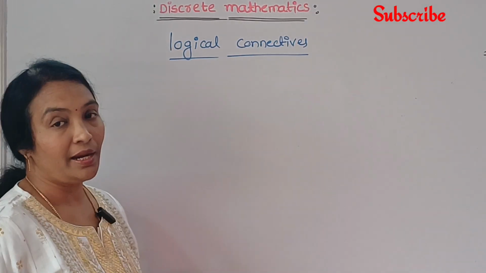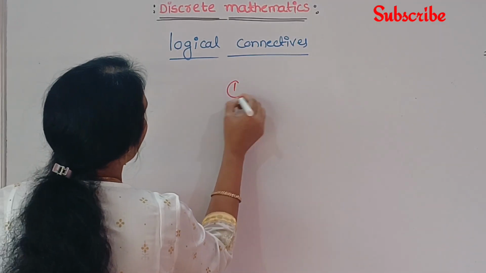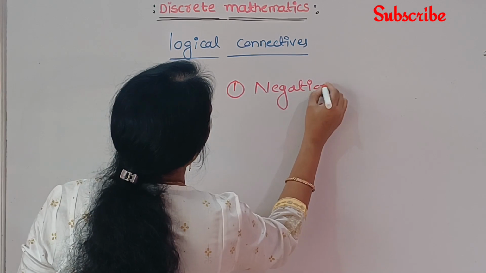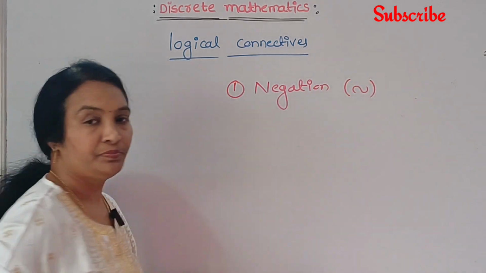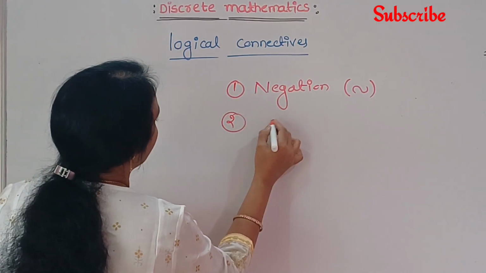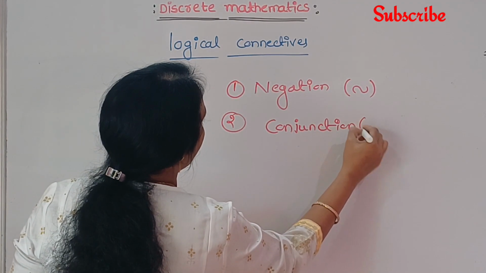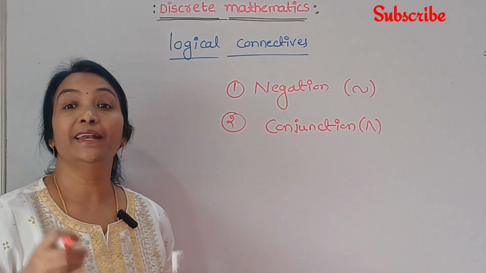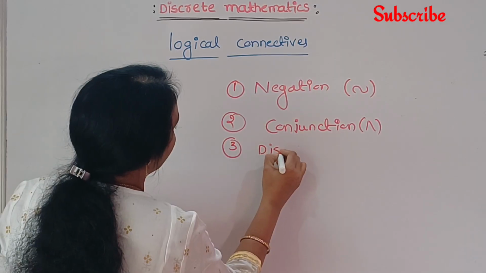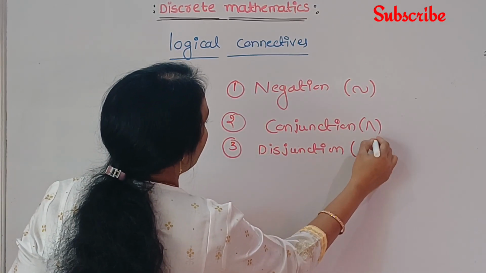Actually, in logical connectives, we have 5 types. The first one, which you already know, is negation. It indicates like this. The next one is conjunction. The symbol is like this. The next one is disjunction. The symbol is like this.